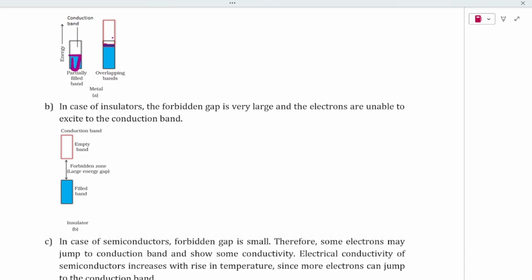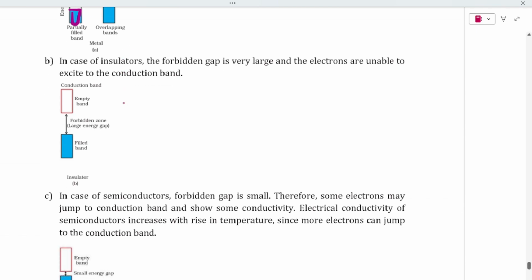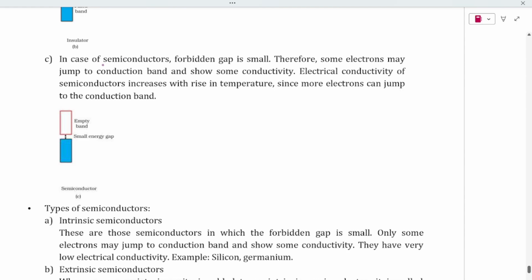If you come to the case of insulators, the forbidden gap is very large, and electrons are unable to get excited. In the case of semiconductors, a small energy is needed, which means the forbidden gap will be less.